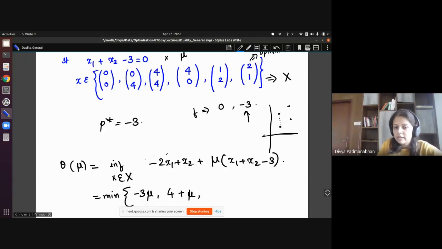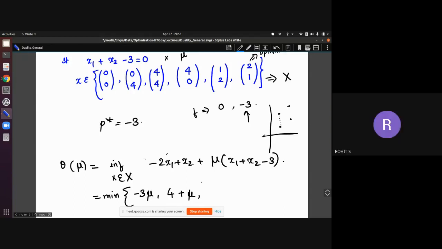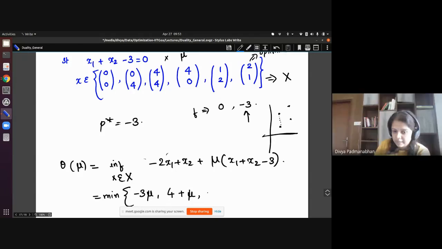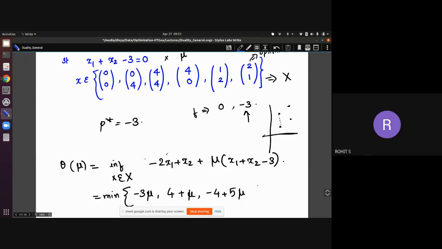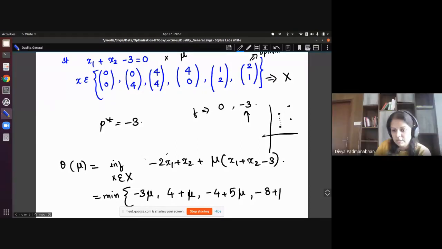Now if you substitute 4, 4, what are you going to get? Minus 4 plus 5 mu. And if you take 4, 0, that gives minus 8 plus mu.